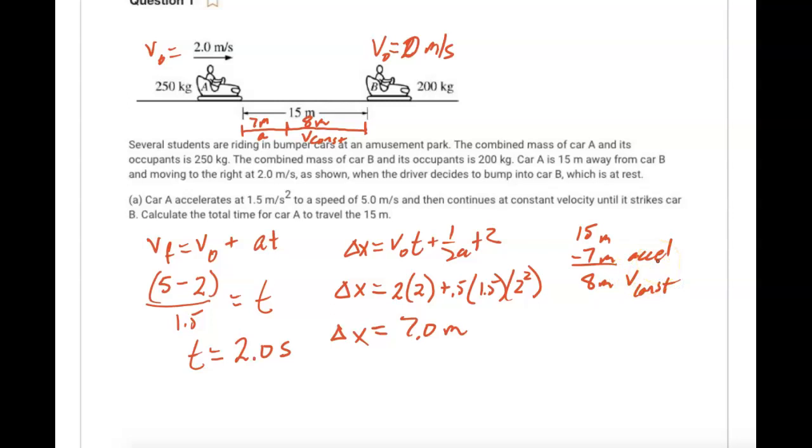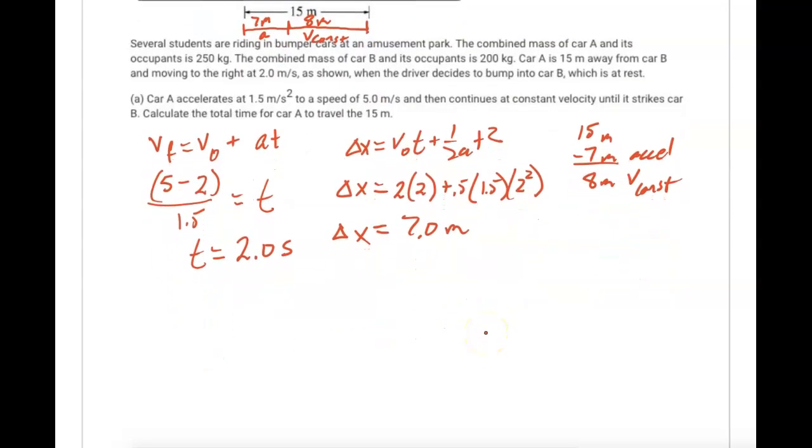All right, so next we need to figure out the time that the car travels at a constant velocity. We know that it is going 8 meters at a constant velocity, and the equation for constant velocity is equal to the change in position over the change in time.